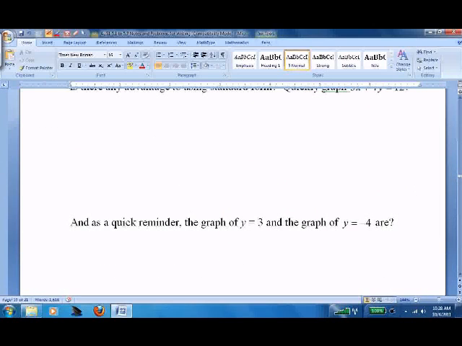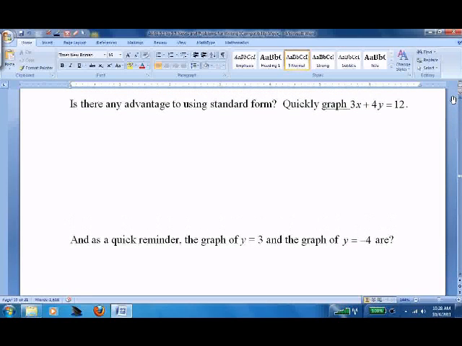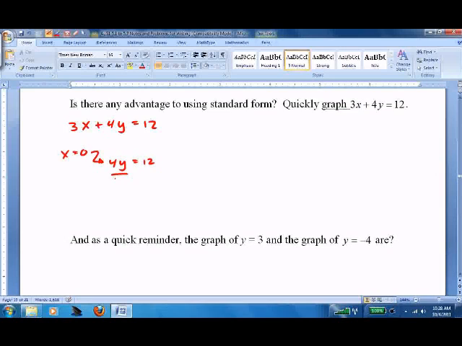Is there any advantage to using standard form? In my humble opinion, not really. But on occasion, you might be able to graph a little quicker with it. If you take 3x plus 4y equals 12, and I say, well, x equals 0, what does y equal? Well, then we'd get 4y equals 12, divided by 4, divided by 4. y equals 3.